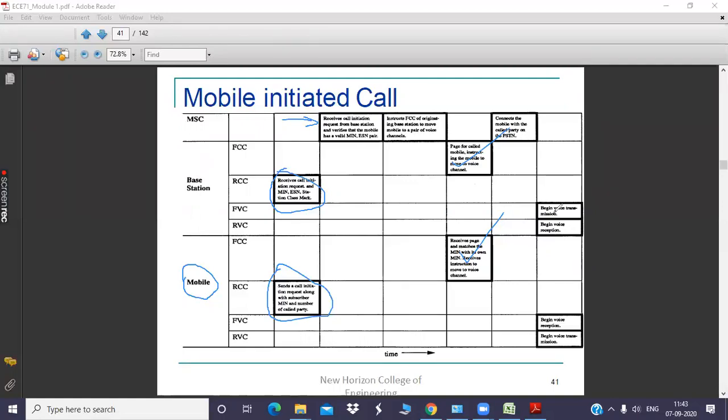So now we will make use of FVC and RVC of both the mobile users, and with the help of the base station, we can establish the voice conversation. So this was the timing diagram that explains the initiation and the procedure of a call between two mobile users.